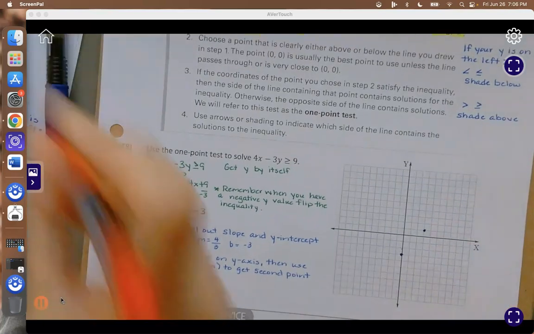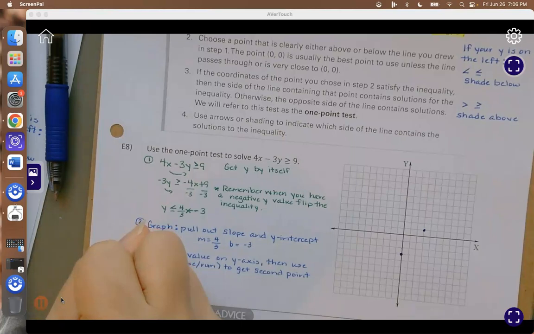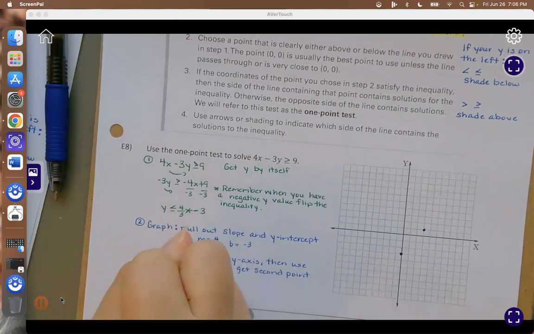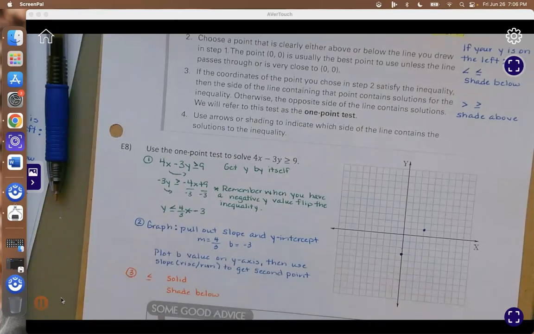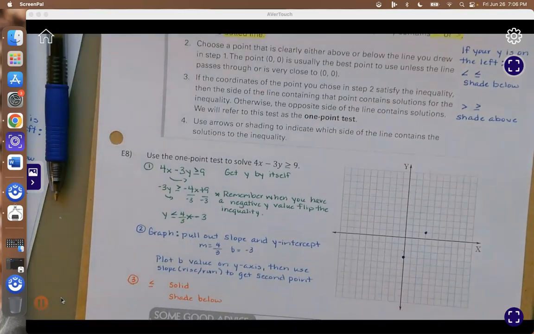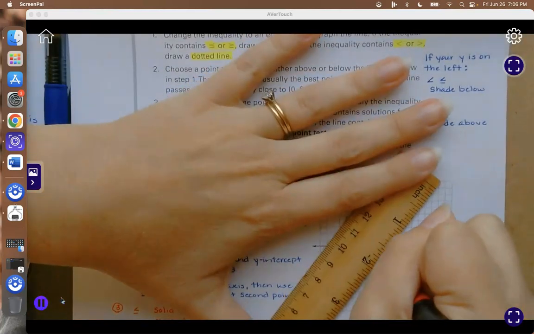Now, this symbol was a less than or equal to, so that's going to be a solid line, and it's less than, so we shade below, because when we flip that symbol. Okay, so this is going to be a solid line. Let me get my ruler here.